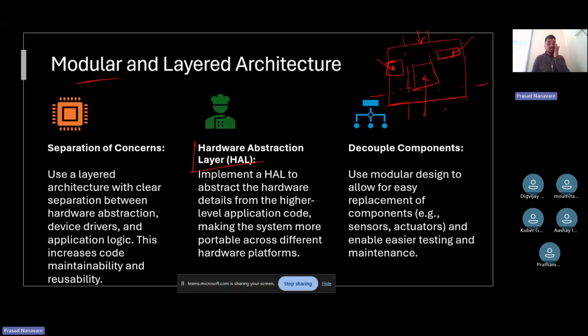Then the hardware abstraction layer, we talked about this earlier. I gave you an example wherein one remote was controlling multiple electronic devices. How does the remote know how each device is operating? The remote need not know how the device is operating.